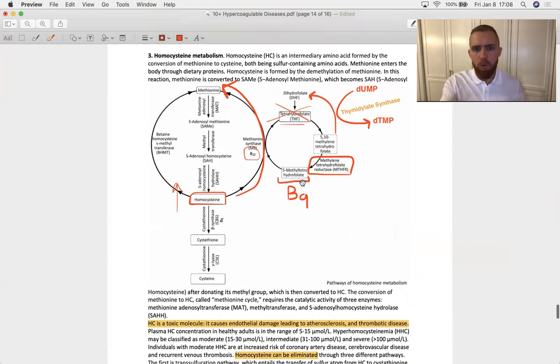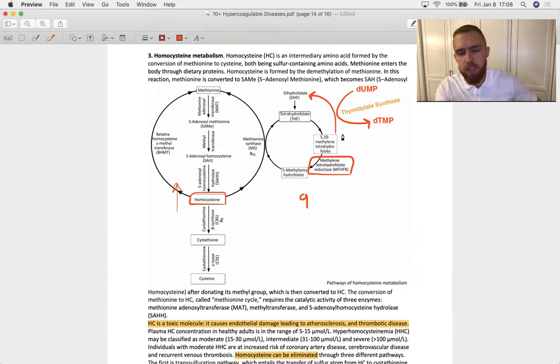So we go up here, we look at methyl tetrahydrofolate reductase. Here's where it is. It takes 5,10-methyl THF to 5-methyl THF. And even if this enzyme is knocked out, you can still get rid of 5,10-methyl tetrahydrofolate by this enzyme thymidylate synthase, which takes dUMP, converts it to deoxythymidine monophosphate in your nucleotide synthesis pathway.